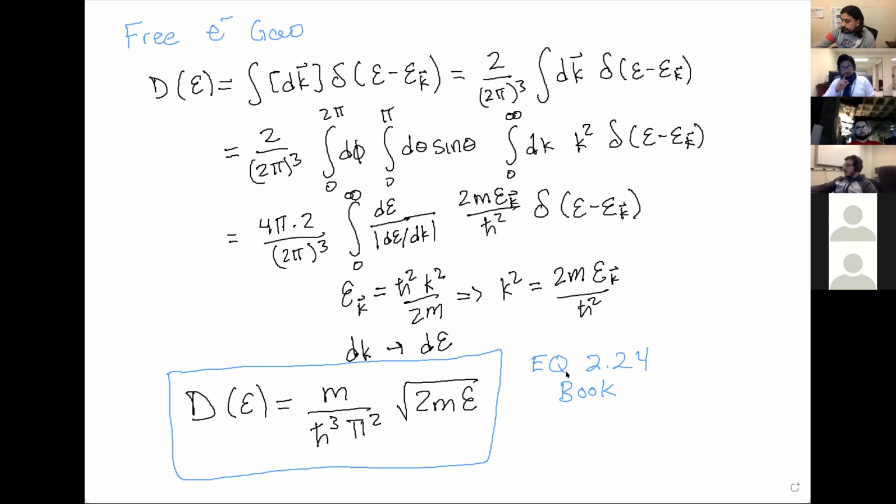All right. So then let's look at how to use the same idea to do a calculation for the number of electrons, which is also done in the book. The book sketches this, and this is maybe a little bit simpler calculation, but you can do it too.